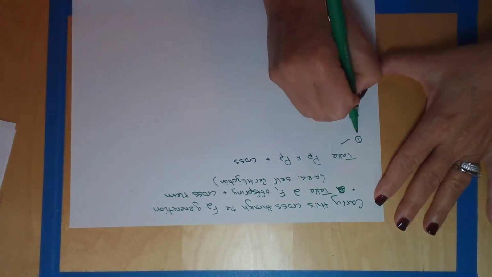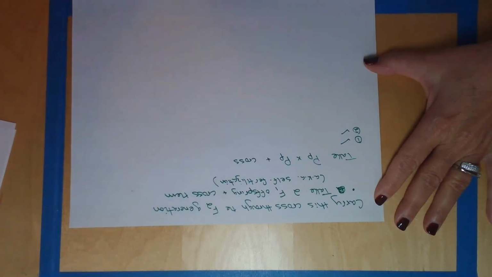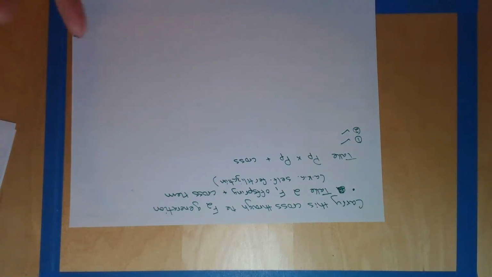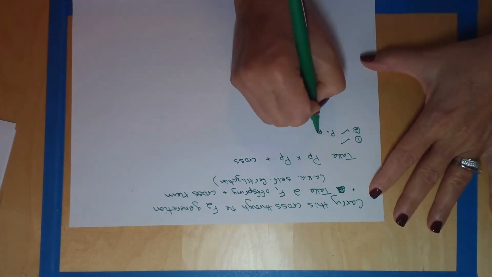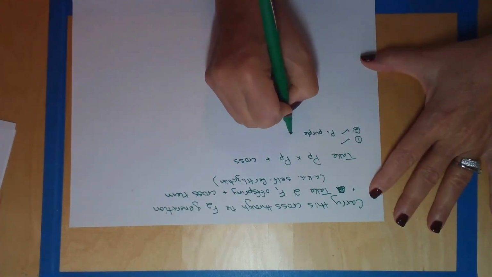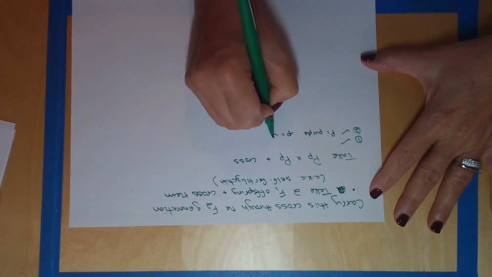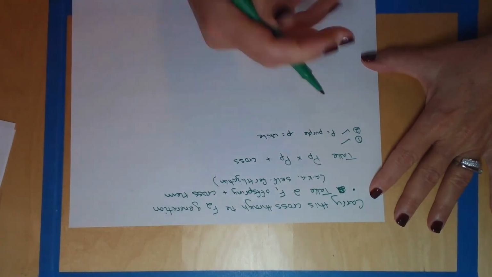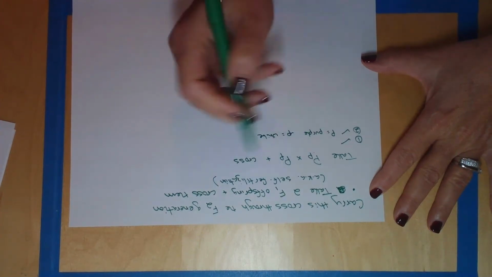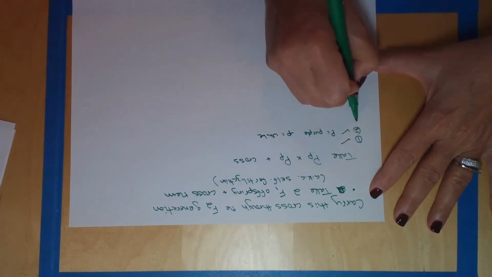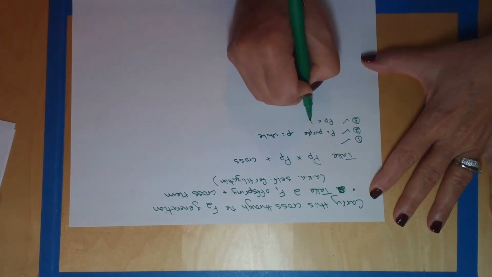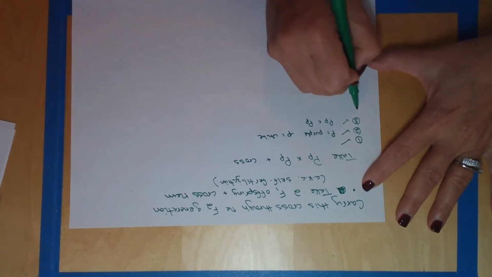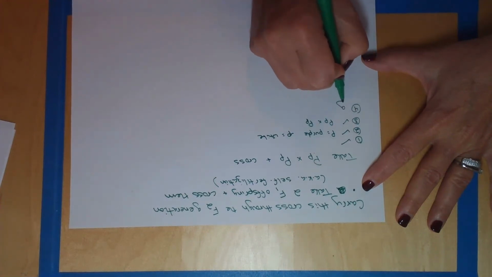Now, I think we can check off steps 1 and 2 because we know that big P stands for purple, and we know little p stands for white. Okay, and we know the genotypes of the parents. Okay, good. Now, that was step 3. So big P little p times big P little p.